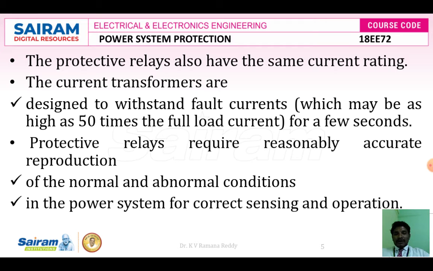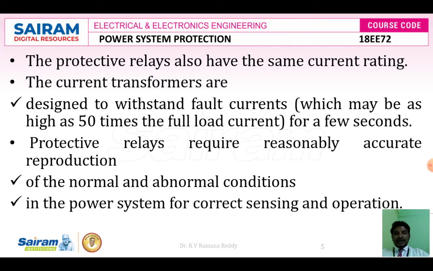Once the fault current takes place on the transmission line, the current can be 50 times greater than the full load current. Then our circuit breaker, our relay or our current transformer has to withstand that current for a fraction of a few seconds.